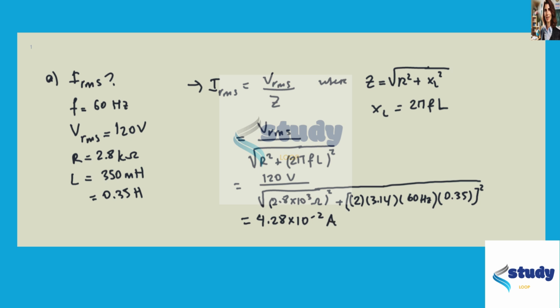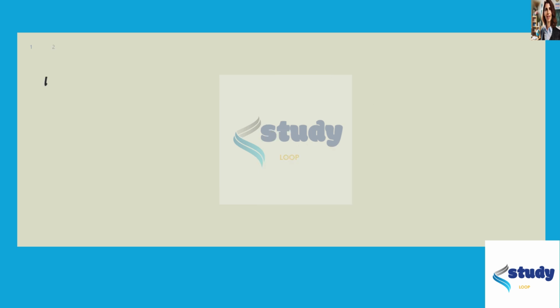amps. Now, part B, we were asked the phase angle between the voltage and the current, right? So in order to get the phase angle, phi is going to be equal to the inverse of tangent of the inductive reactance divided by the resistance.